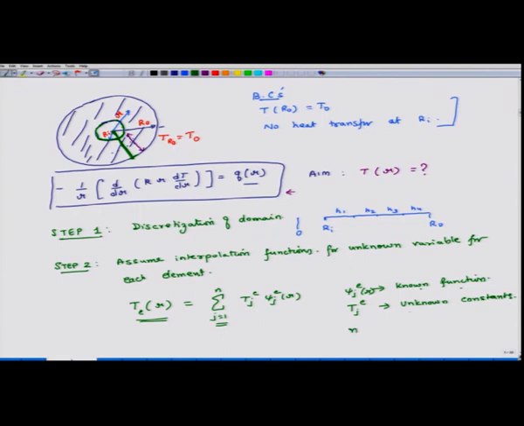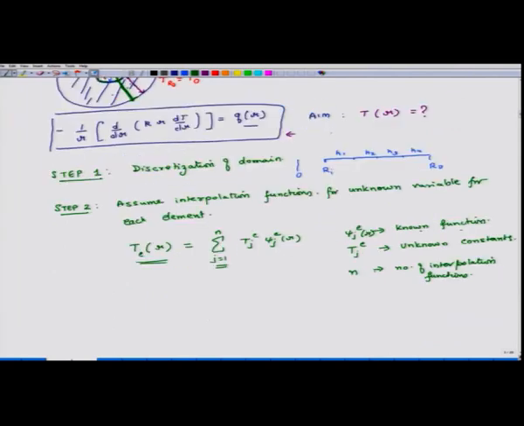Here n is the number of interpolation functions. Let us call this governing equation as equation A, and let us call this equation as equation B.